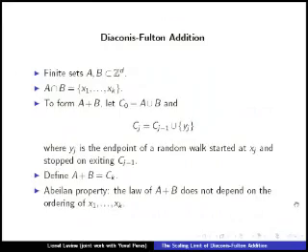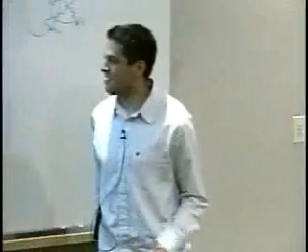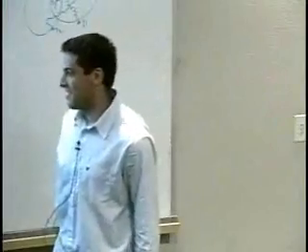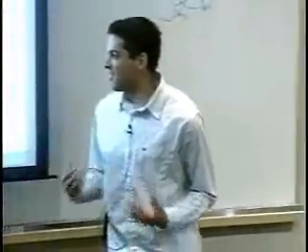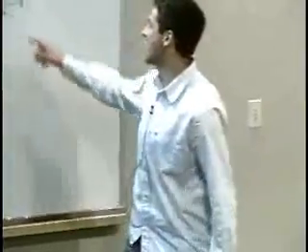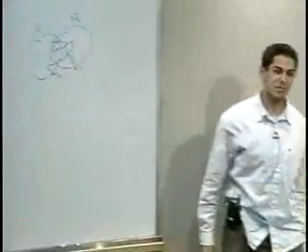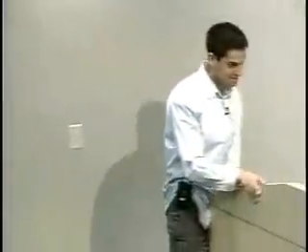And the key property of this operation, which makes it something interesting and worth studying, is that the law or distribution of this random set doesn't depend on the order that you chose for your points x1 through xk. So you can run these walks in any order you like, and the resulting set will have the same distribution. Why?